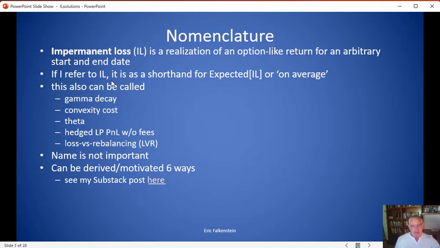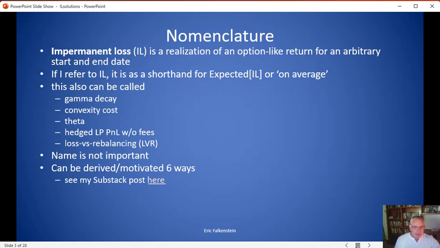It can be impermanent and it can be zero, but on average, it is what it is, and you can't hedge it away. You can minimize the variance of this loss, but you can't affect its expected value, which is going to be the average. And if you hedge it, your realization will be closer and closer to the average.